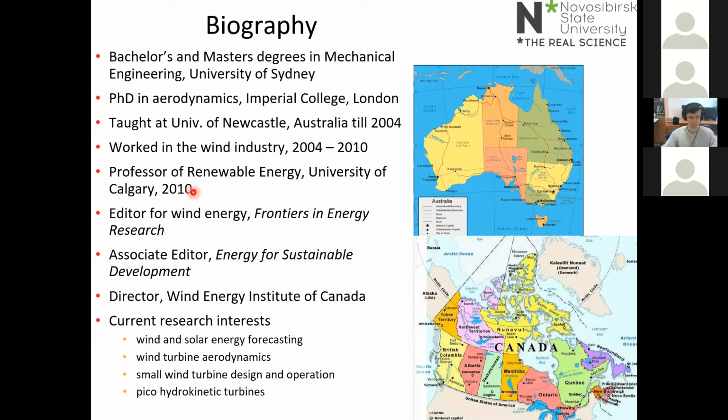And then in 2010, I took my present position at the University of Calgary. They invited me to apply for a professorship in renewable energy, and it was a wonderful opportunity. So I moved from just north of Sydney in Australia to Calgary, which is in Alberta.